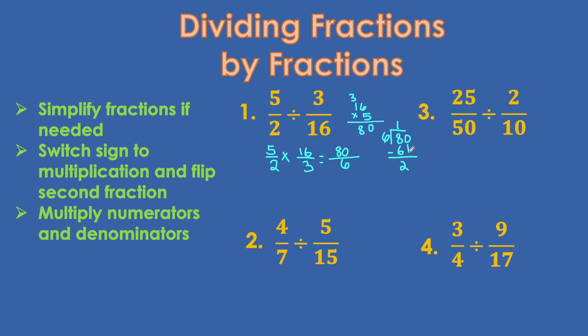Bring down the 0. 6 goes into 20 3 times. 3 times 6 is 18. Subtract. 20 minus 18 is 2. Our remainder is 2. This is going to be our whole number of the mixed number.